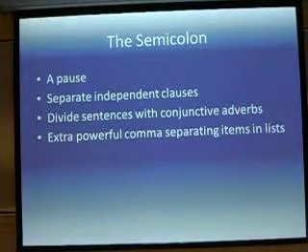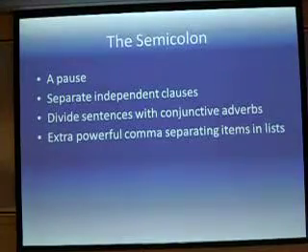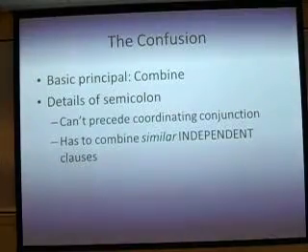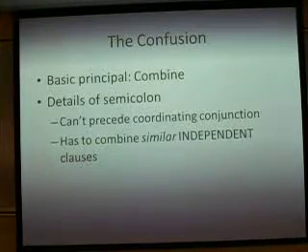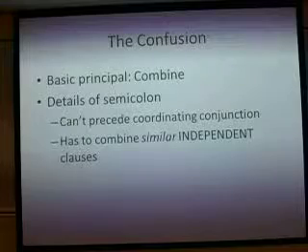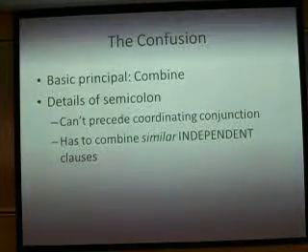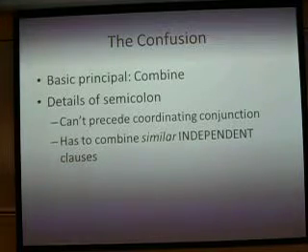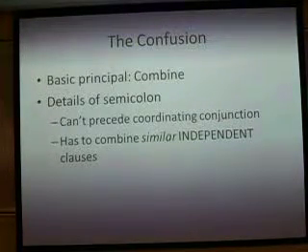One would think that the semicolon is very easy to understand given what I've just said, but it is also very confusing because at the basic level, prescriptivists only teach young students that the semicolon is used to strictly combine. They don't necessarily teach the details, that it cannot precede a coordinating conjunction such as and, but, or, nor, for, and yet.